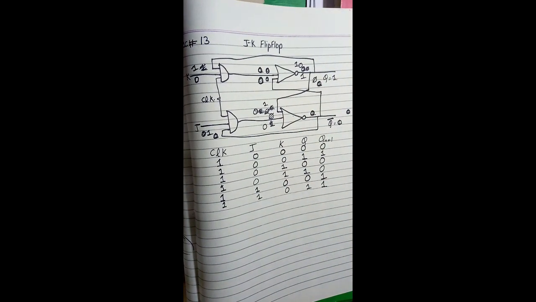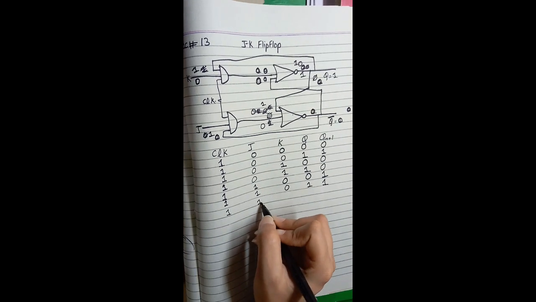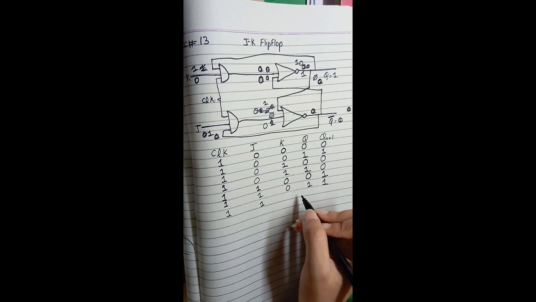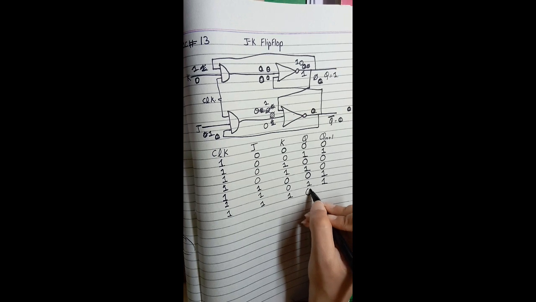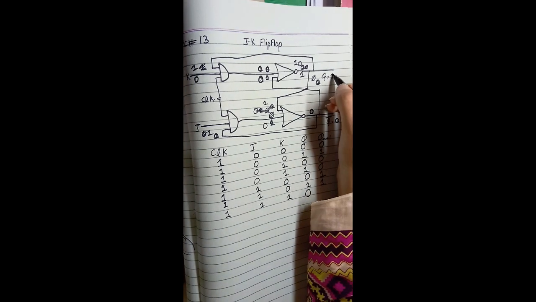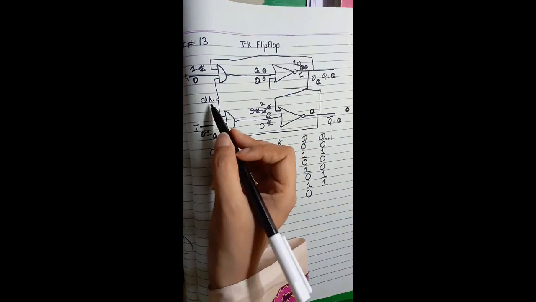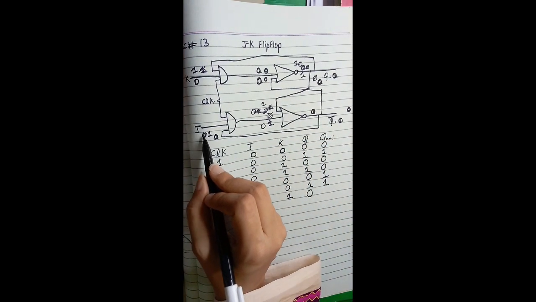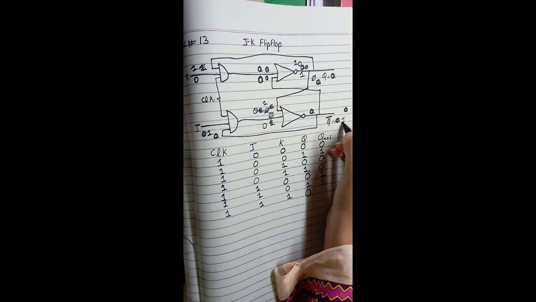The next one is that we will take clock 1, J 1, and we will take K also equal to 1, and now we will imagine the values of Q. If the value of Q is 0, we have clock 1, J 1, so we should know the other value. If this is 0, it should be 1.